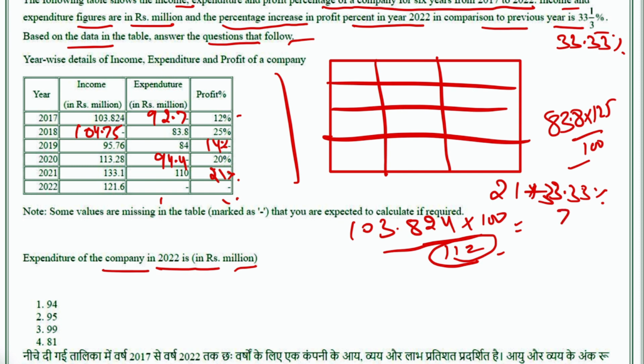So it will be approx 6.9899 something. So it will be 7. If you add this, it will be 28. Now you can find the expenditure: 121.6 into 100 divided by 128. It will be 95.2 is the answer.